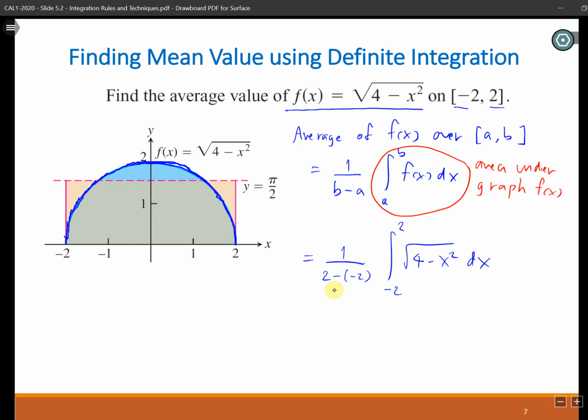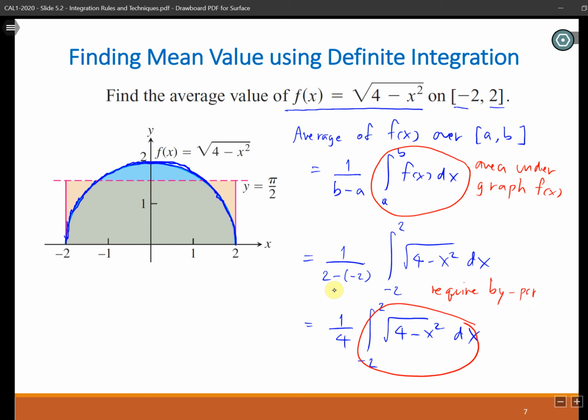Okay, this here is going to come out to be equal to 1 over 4, and I'm going to keep this just the same, minus x squared dx. It turns out that in this example, it requires another technique. It requires integration by parts in order to solve.